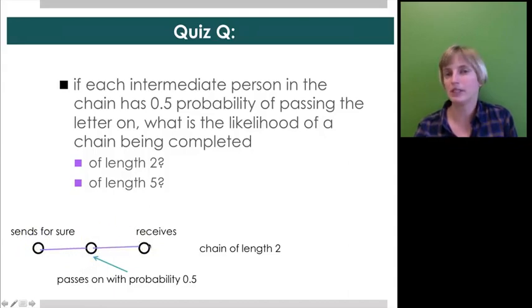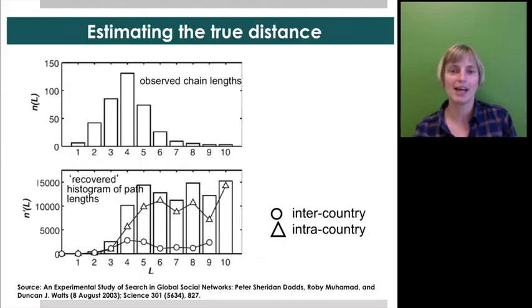And the recipient receives it, so they don't have to take any further action. So here, we're just wondering, is this person going to pass it on? Let's calculate the probability that a chain of length 2 gets through, and then a chain of length 5. You should see that a chain of length 2 is much more likely to pass through than a chain of length 5. And so you can then go back and try to infer what the true distance distribution is.